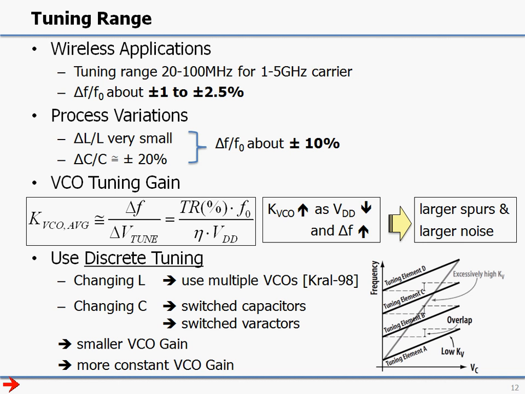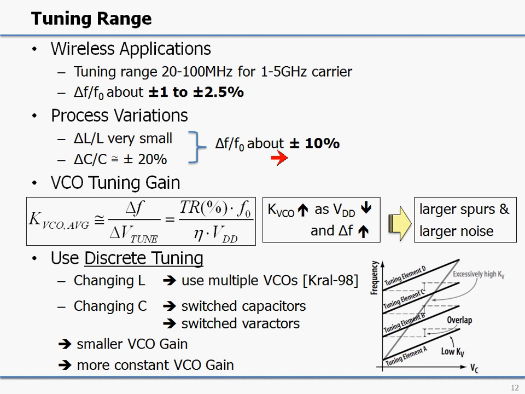Since there is a square root dependence between capacitance and frequency, we actually find that results in plus minus 10% of frequency variations that we can expect due to process variations. So really the tunability of the VCO that we need is largely determined by overcoming PVT variations rather than the requirements of the application, but this is for narrowband wireless type of applications.